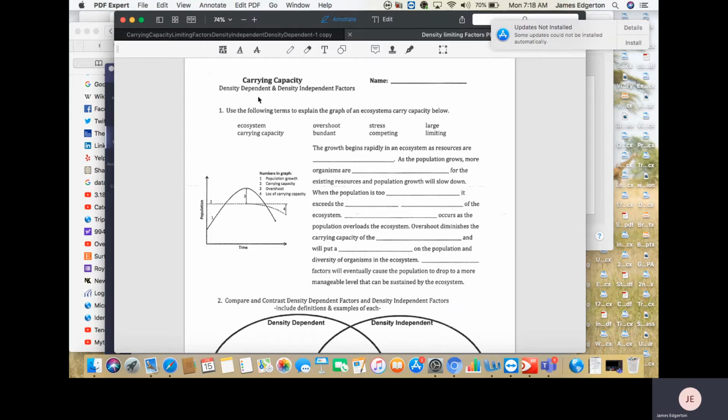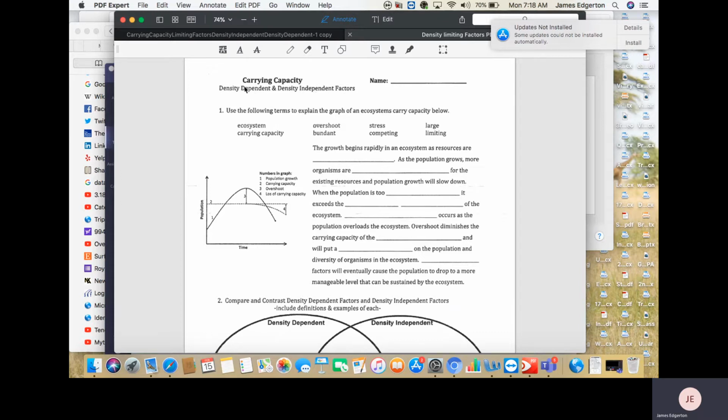If there are too many deer and they start to die off because they eat all their food, it's going to be density dependent. If there's a natural disaster, a forest fire, or if people start hunting the deer, it would be density independent. It's not dependent on the density of the population of deer. So that's the difference between density dependent and density independent factors.